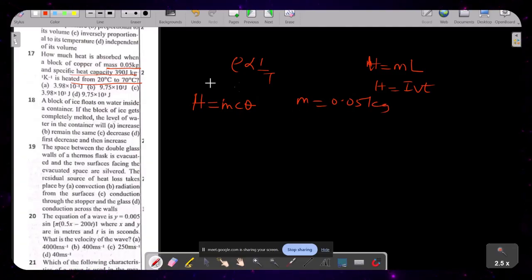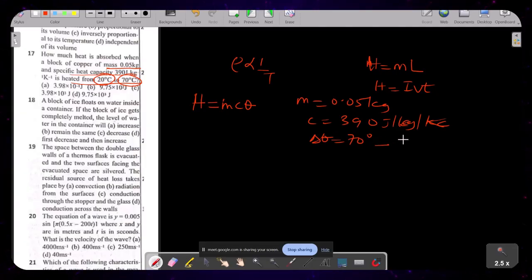The specific capacity is 390 joule per kilogram per Kelvin. Then we are also given the temperature change, 20 and 70, so 70 degrees minus 20 degrees Celsius. When I subtract both, I get 50 degrees Celsius.